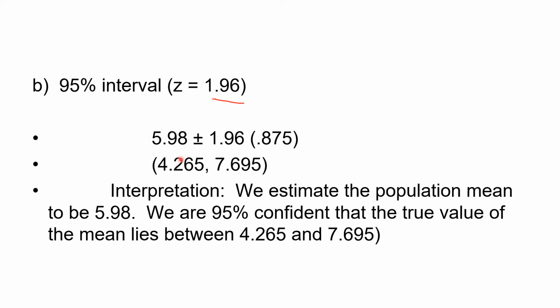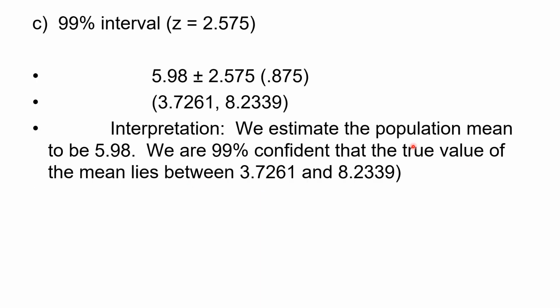X bar 5.98 plus minus Z alpha over 2, which is 1.96, multiplied by standard deviation over square root of n, you get this value. Calculate both sides, you get the lower end and the upper end value. So for this particular interval, the interpretation will be we are 95% confident that the true value of the mean lies between 4.265 and 7.695.